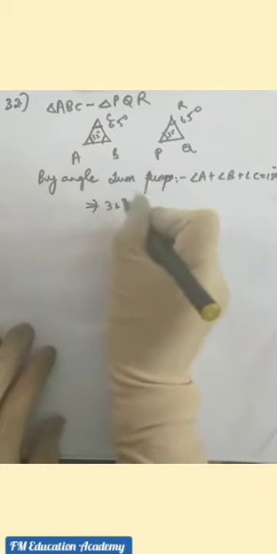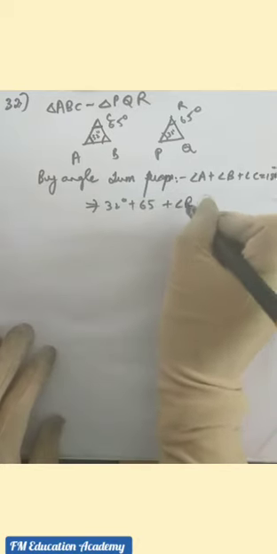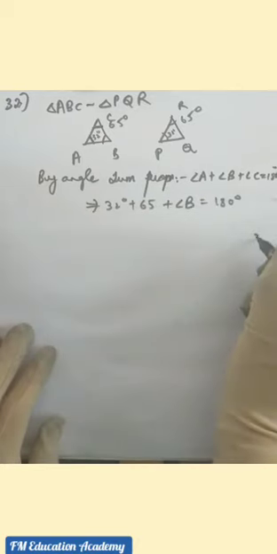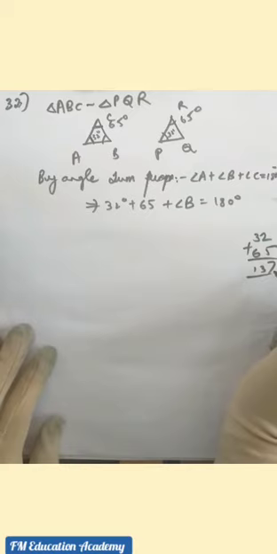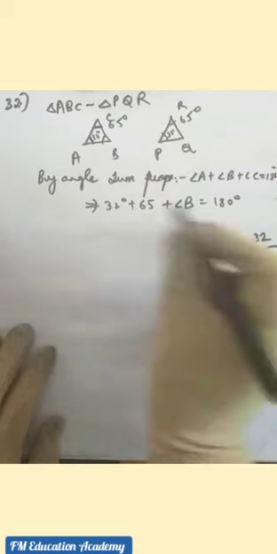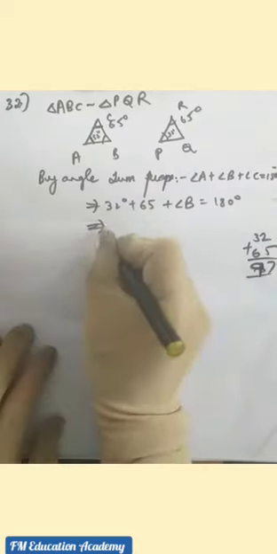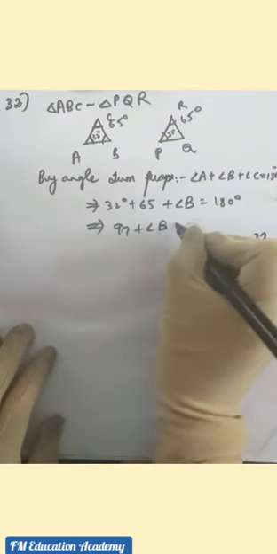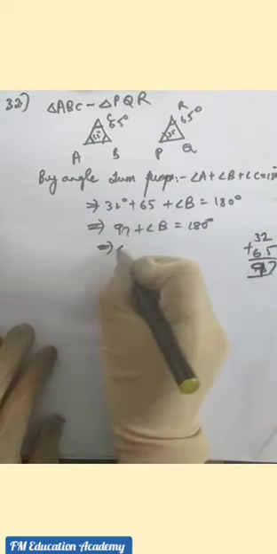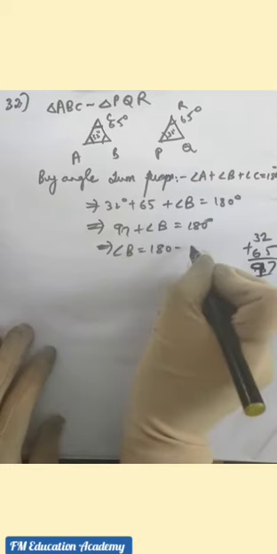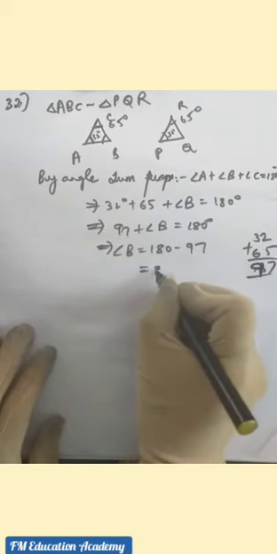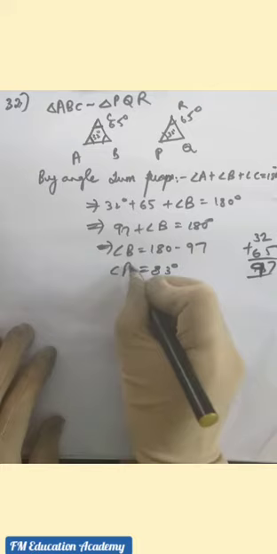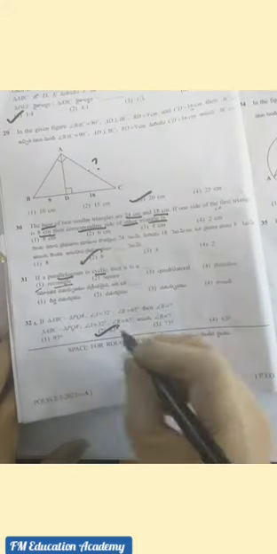Substitute: 32 plus 65 plus angle B is equal to 180 degree. 65 plus 32 is 97, so angle B is equal to 180 minus 97, which is 83 degree. In option 2, angle B is 83 degree. So our answer for the 32nd question is option 2.